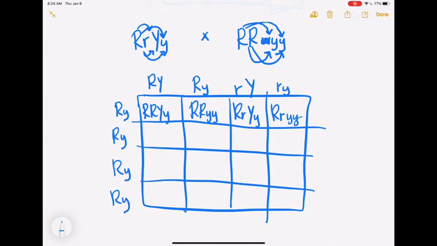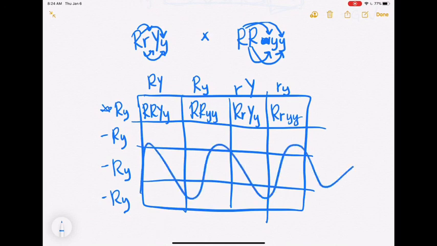And so the ratio is going to be the same. This and this and this are all the same as this first row. So you don't really need to fill them out because you're just going to get a ratio.